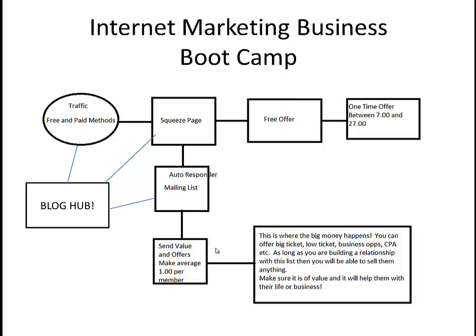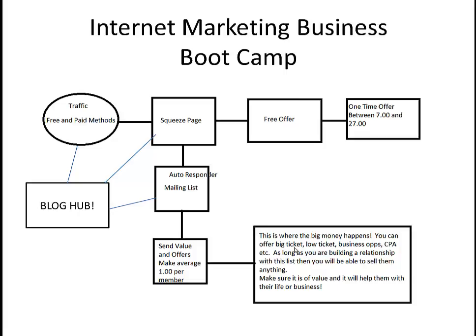Okay, and then this is where the big thing happens. You can now offer big ticket items. I'm talking about products that cost $1,000, $3,000, $5,000, $10,000. You can offer those things.